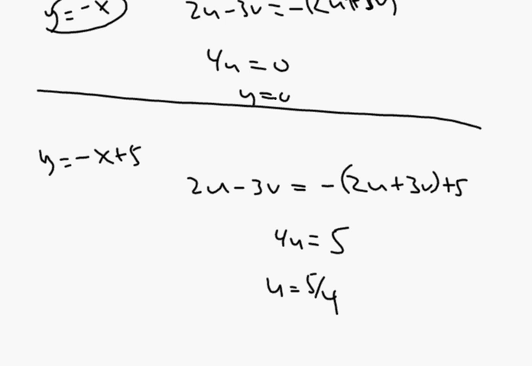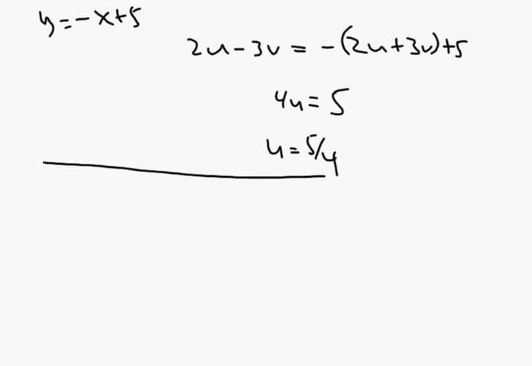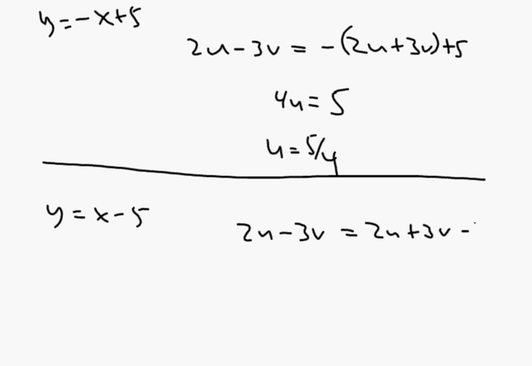What you notice now is my bounds for u and v are shaping up to just be constants rather than variable expressions. And then lastly, I have y equals x minus 5. You have 2u minus 3v equals 2u plus 3v minus 5. We end up with negative 6v equals negative 5, or v equals 5/6.